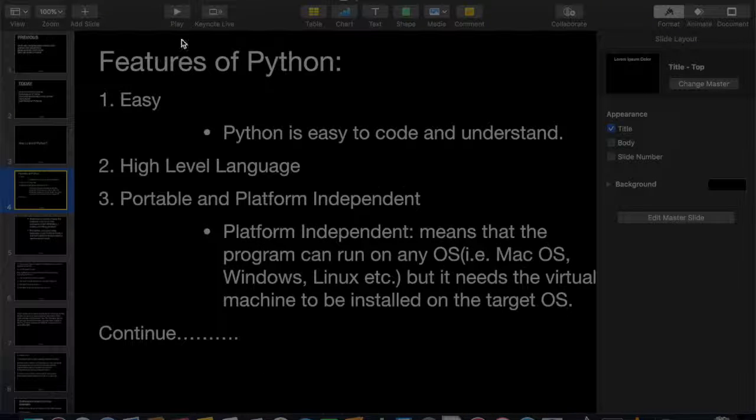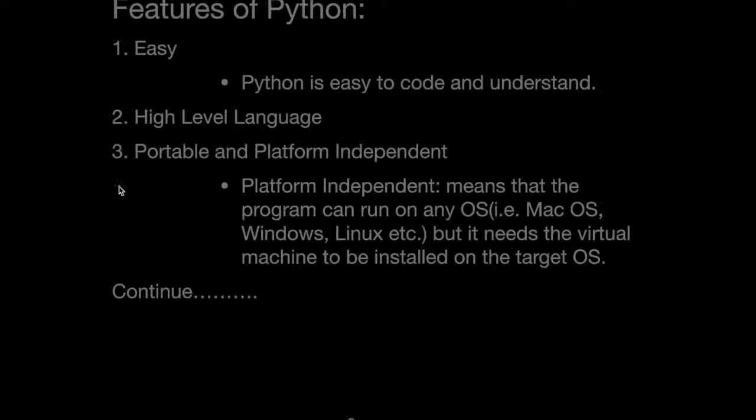Now back to the slides. Python is a high level language. Python is portable and platform independent. Platform independent means that the program can run on any operating system, but it needs the virtual machine to be installed on the target operating system.